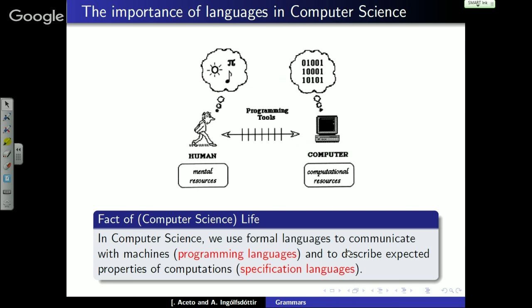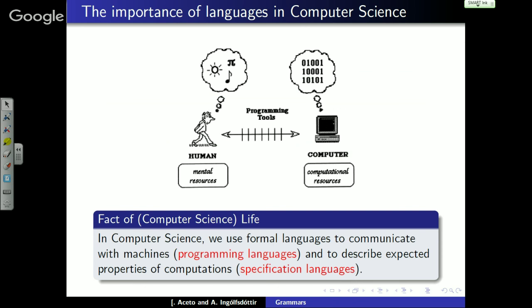Now, all these languages, like the natural languages that we use in everyday life to communicate amongst us humans, have a syntax and a semantics. The syntax of a language describes exactly what kind of correct phrases, expressions, and sentences we can come up with in the languages that we use.